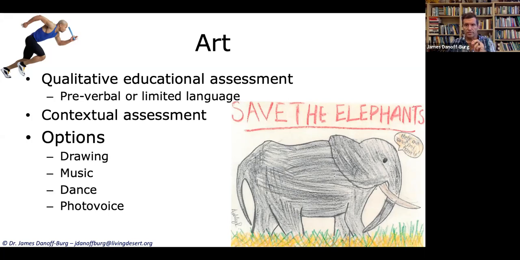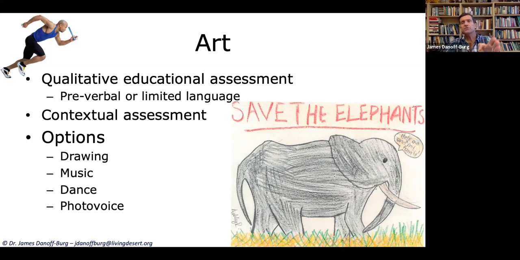So photo voice is a great way to be able to capture data about how people feel about something, what they value, what they prioritize. It's a wonderful tool. And those photos could be just sent to you via WhatsApp. It's a really useful tool.